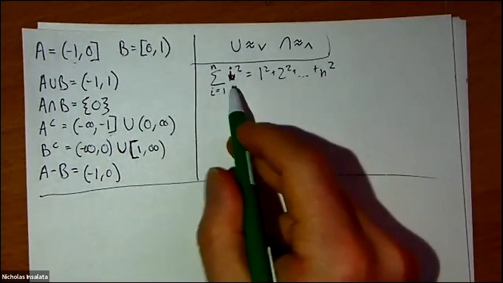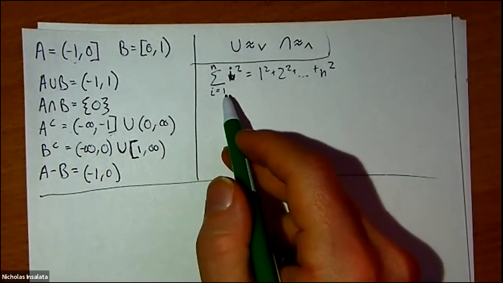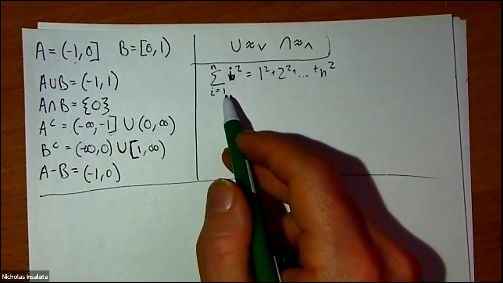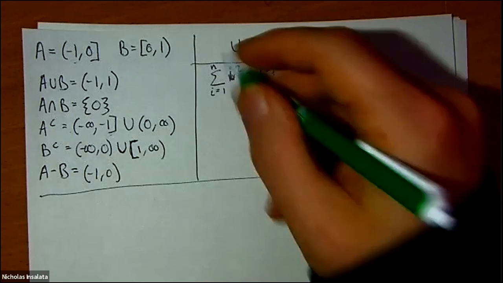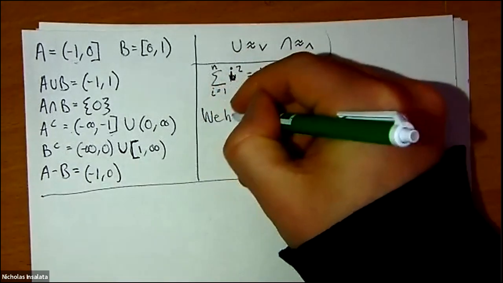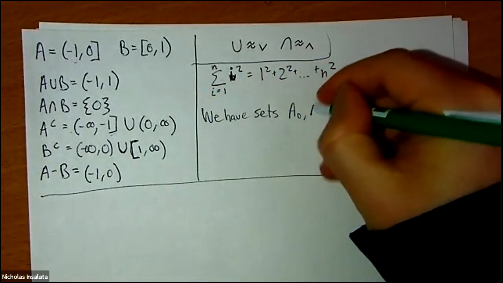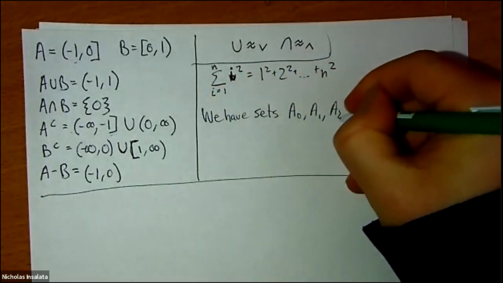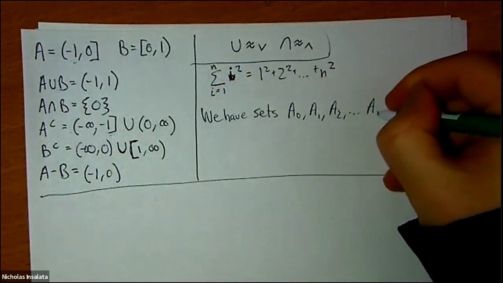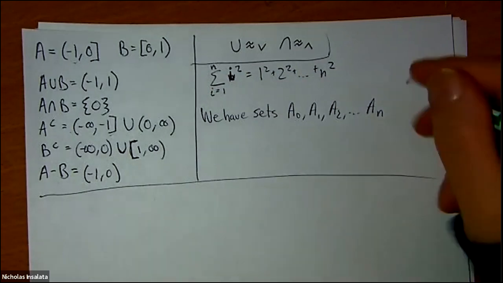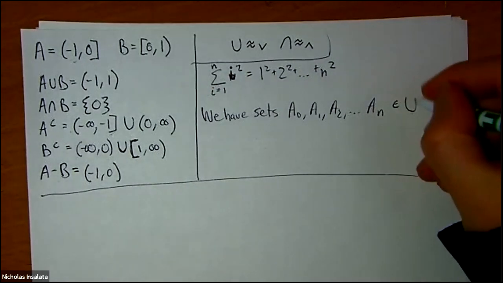Now this summation notation, we can also do with unions and intersections, if you have a list of indexed sets. For example, we have sets A0, A1, A2, up to An, that are all elements of the same universe.